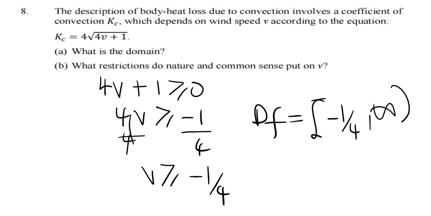Then the second question is asking us, what restrictions do nature and common sense put on v? Here v, we're talking about the speed, the wind speed.